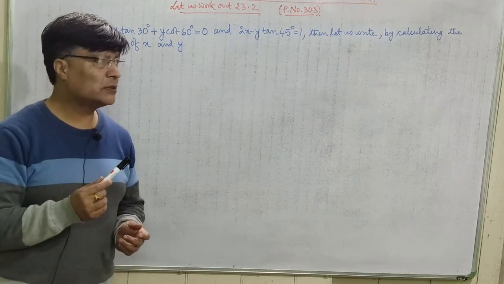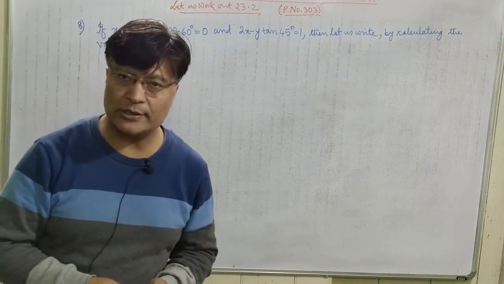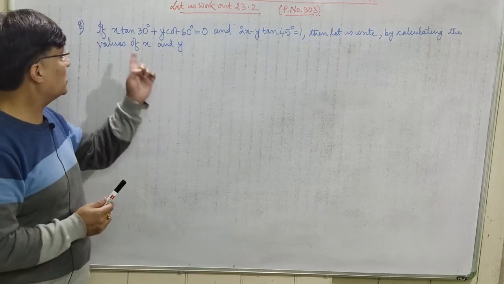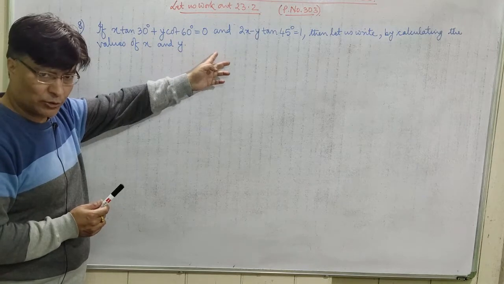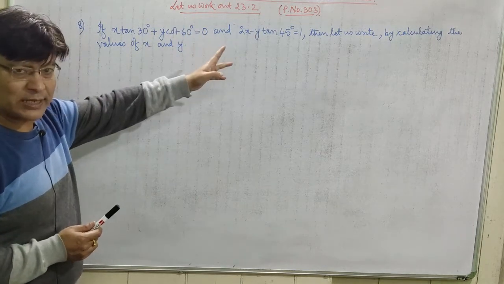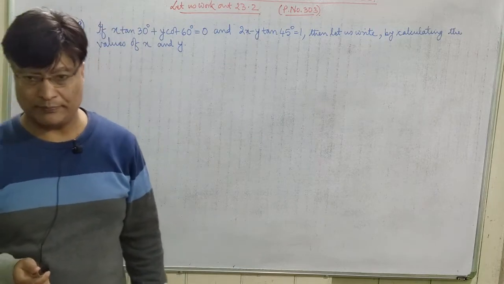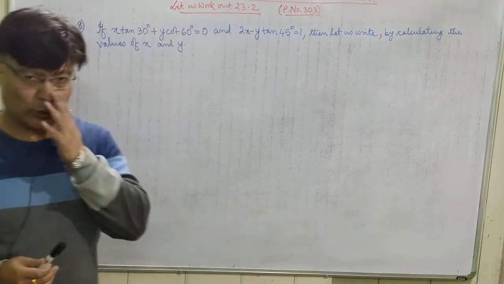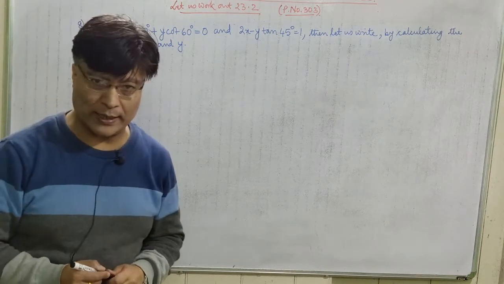So in this particular problem, two equations are given. First equation is x tan 30 degree plus y cot 60 degree is equal to 0. And what is the second equation? 2x minus y tan 45 degree is equal to 1. And you have to solve these two equations in order to get the values of x and y.